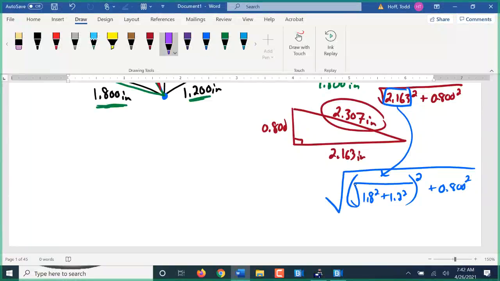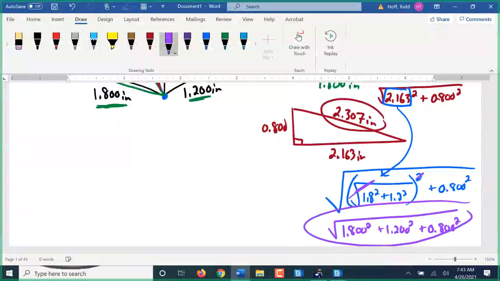Well, what happens with this squared and square root here? Cancel out. So this is really the 1.8 squared plus 1.2 squared plus 0.8 squared. We don't have to do them separately and then put it into the next one.